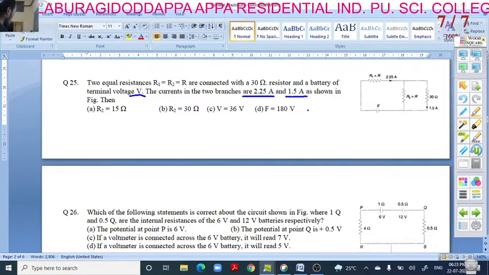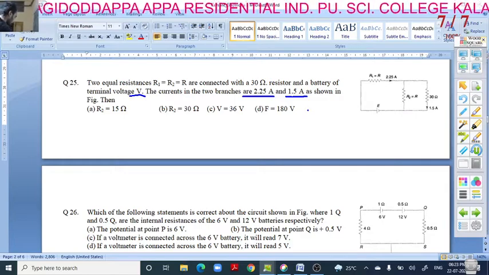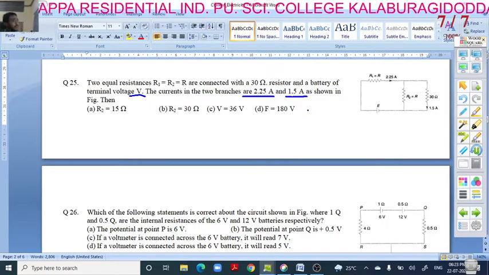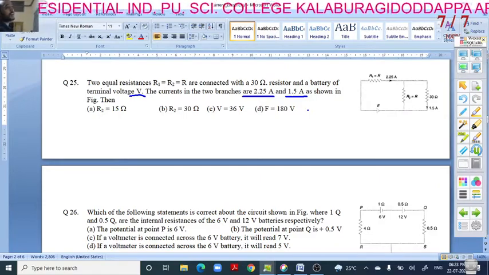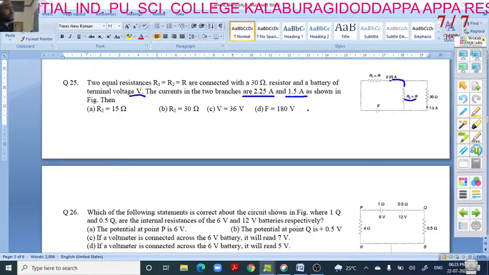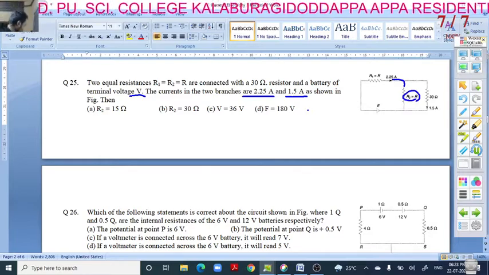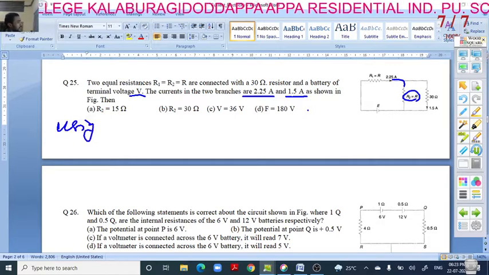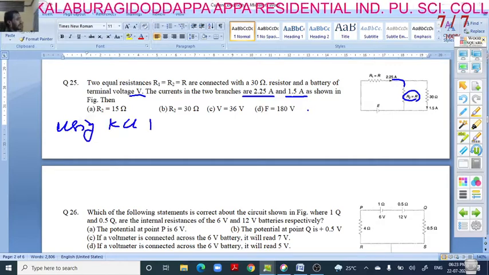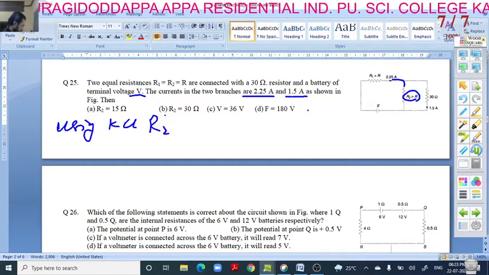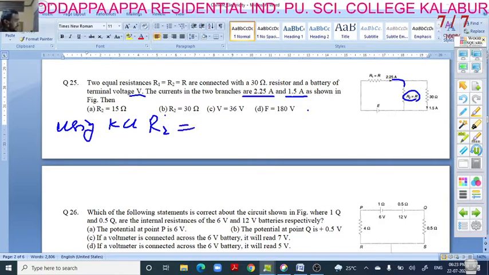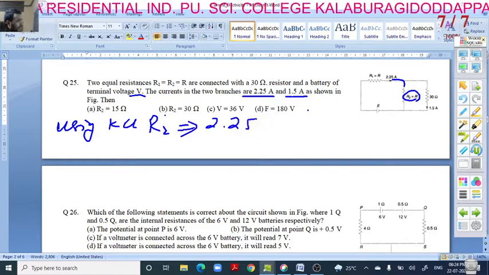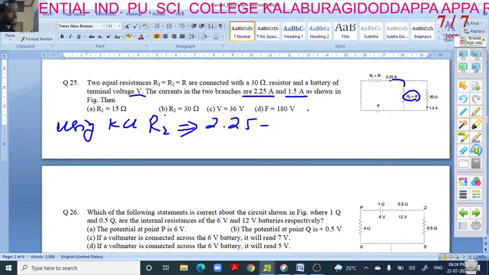Using Kirchhoff's current law through R2, I hope you know KCL.